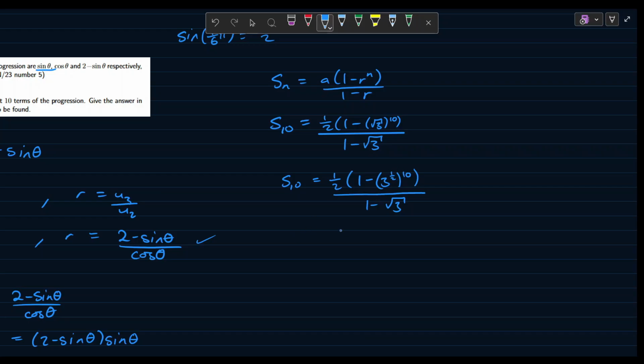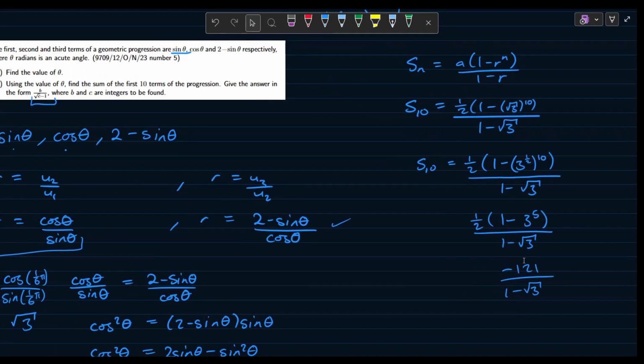So this becomes 1 over 2 times (1 minus 3 to the power 5), and this is over 1 minus root 3. So let's just punch the whole numerator into the calculator, because that can be simplified to give us an exact value. That's half times (1 minus 3 to the power 5), and this gives us negative 121. So we've got negative 121 over 1 minus root 3.